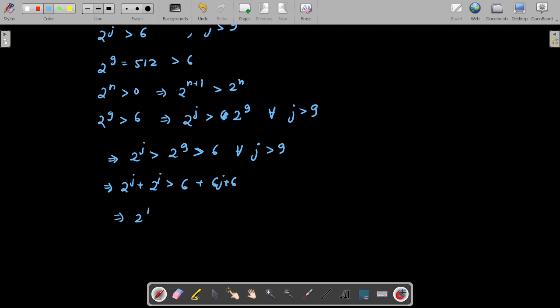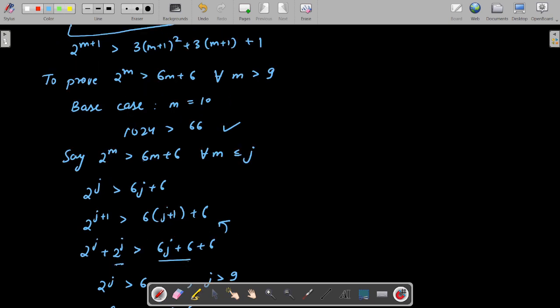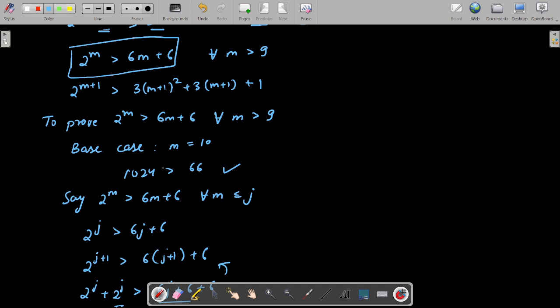So 2 to the power j plus 1 is greater than 6 into j plus 1 plus 6. So this is our inductive step. We have proved it. Hence, by principle of mathematical induction, 2 to the power m is greater than 6m plus 6.